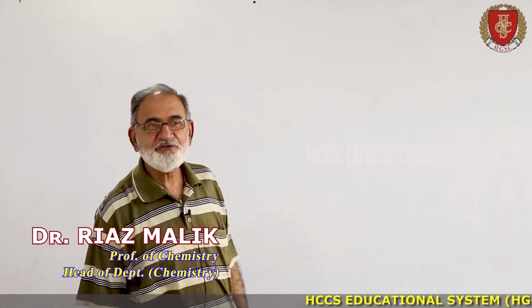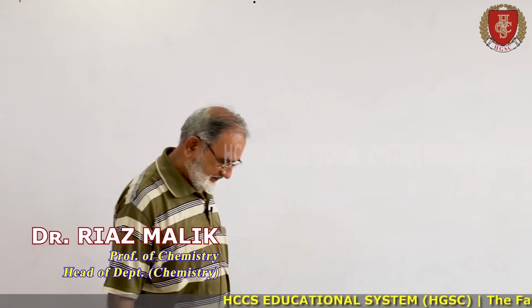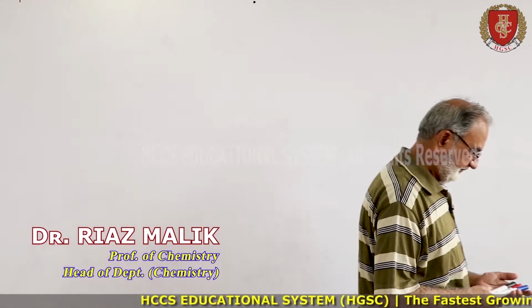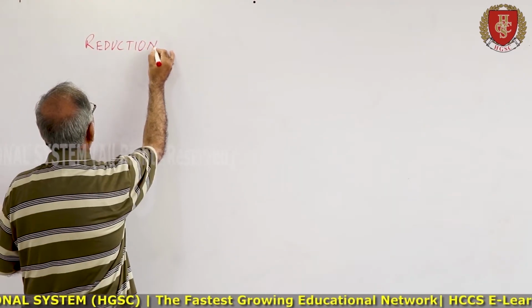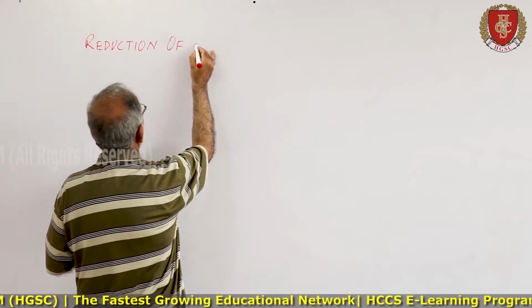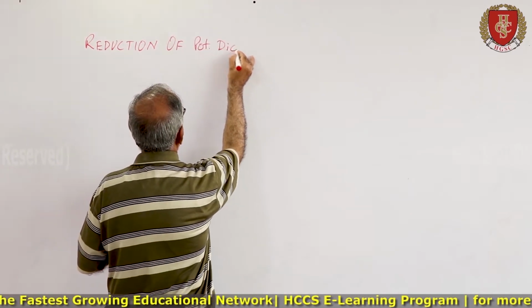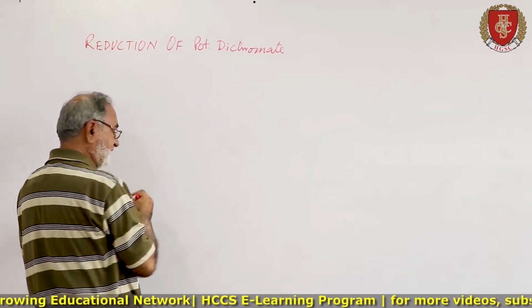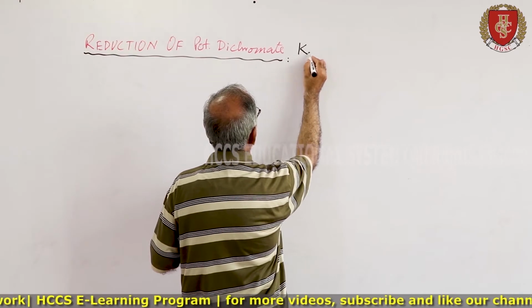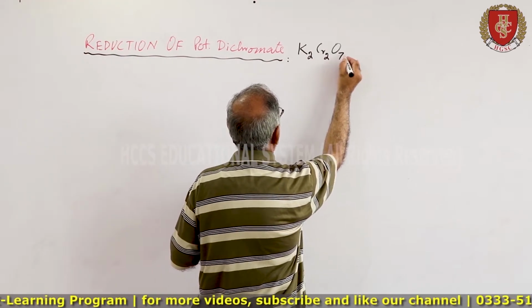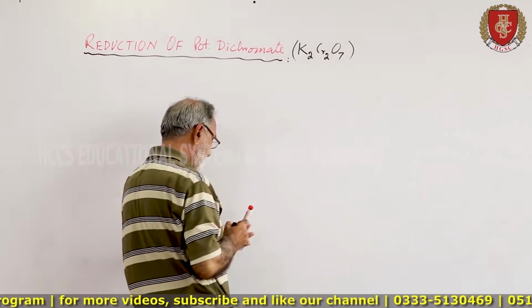Bismillah Rahman Rahim. As you know, we are discussing the oxidation of the chromium compounds, and today we will discuss the reduction of potassium dichromate, K2Cr2O7.